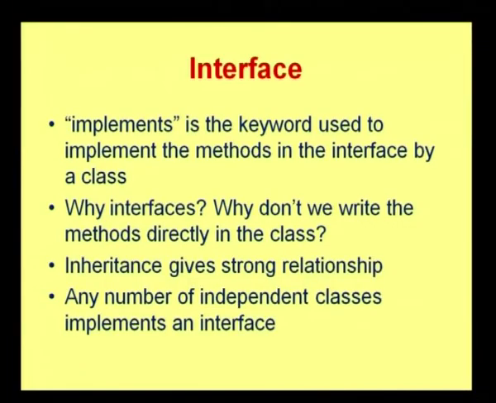Whereas if I implement an interface and use another class through this interface, I can bring in behaviors of two classes into one particular class without having multiple inheritance. And any number of independent classes could implement the interface. We do not have any restrictions as such.